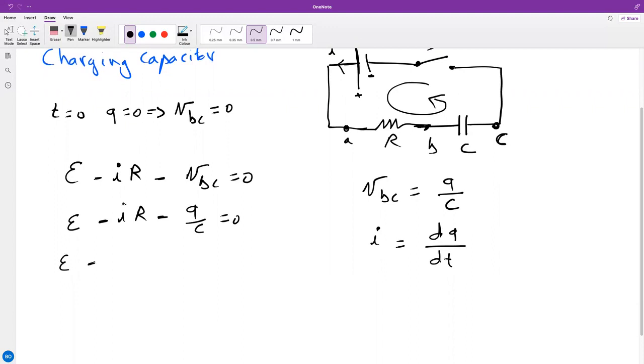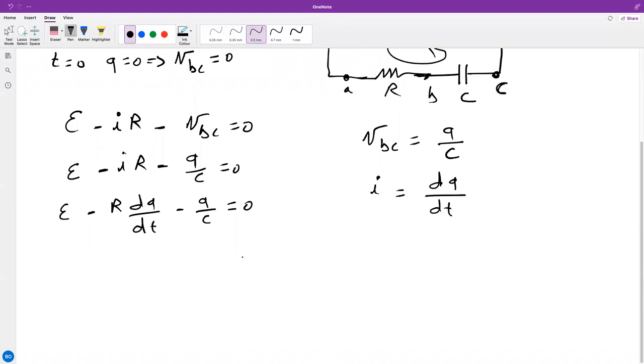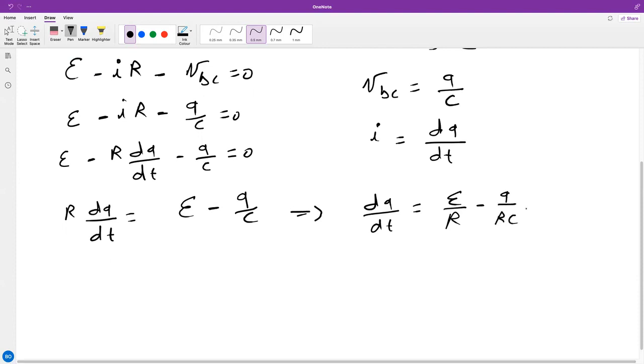So I get then R dq over dt minus Q over C is equal to 0, which is a first order differential equation, that I can write R dq over dt is equal to E minus Q over C, or this gives me dq over dt is equal to E over R minus Q over RC.